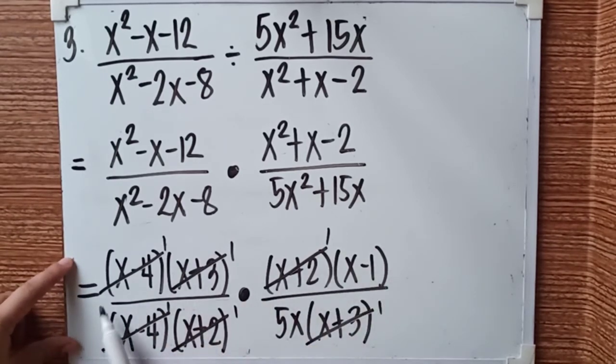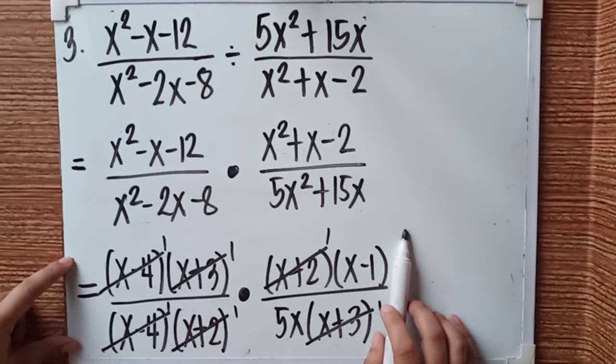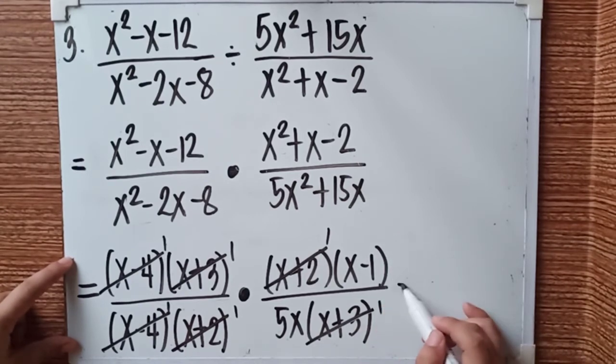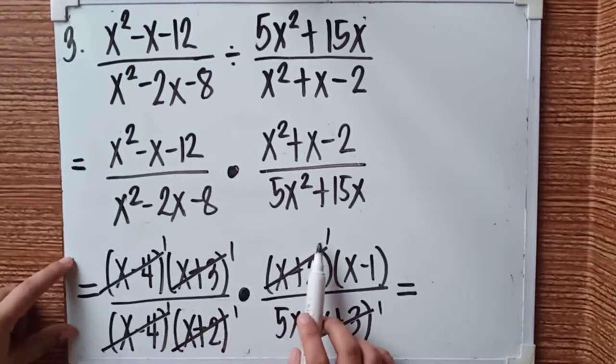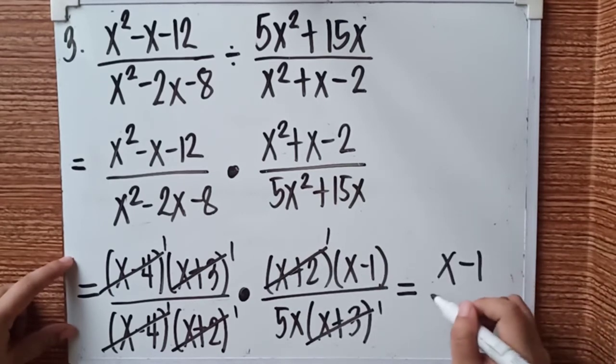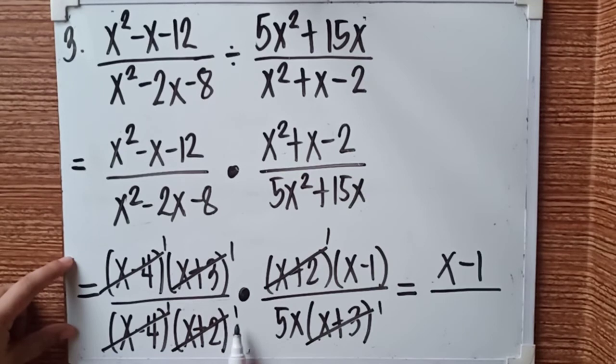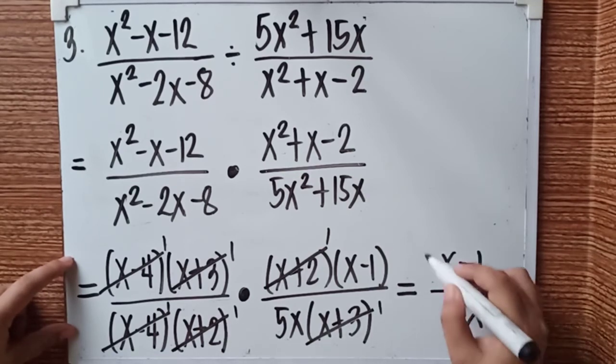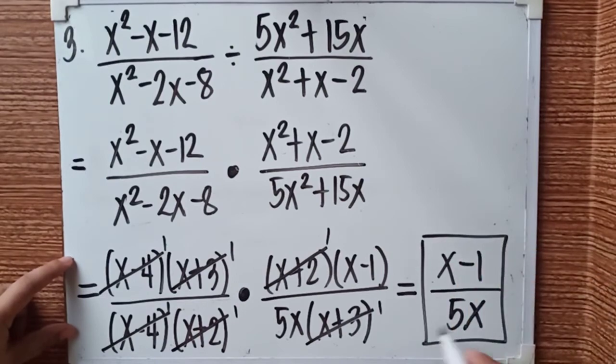Therefore, na-cancel na natin ang lahat ng common polynomial factor. Step 3, multiply the remaining expressions. 1 times 1 times 1 times x minus 1 is x minus 1 over 1 times 1 times 5x times 1 is 5x. This is the final answer.